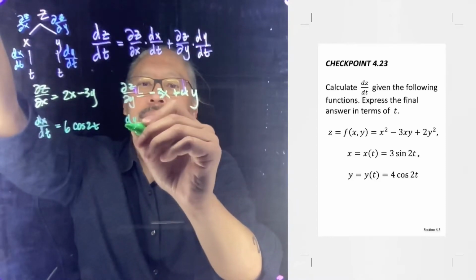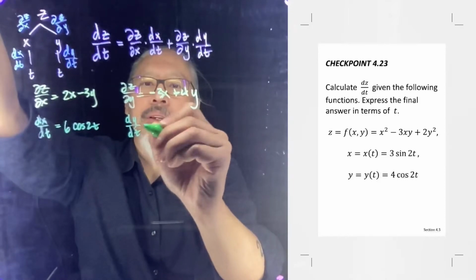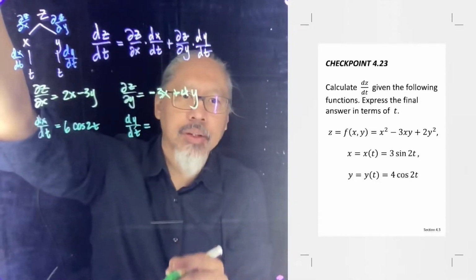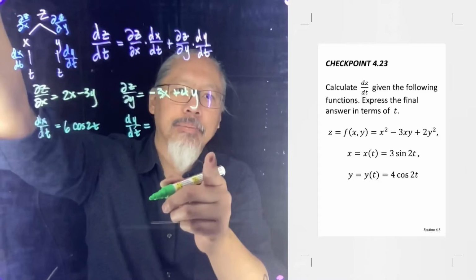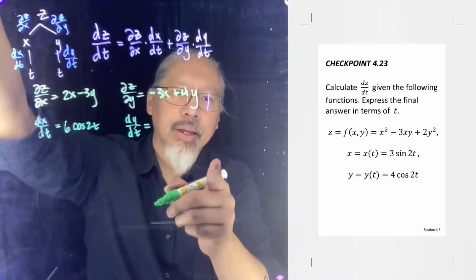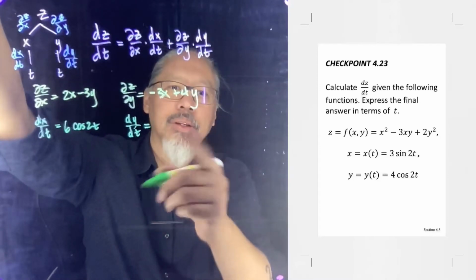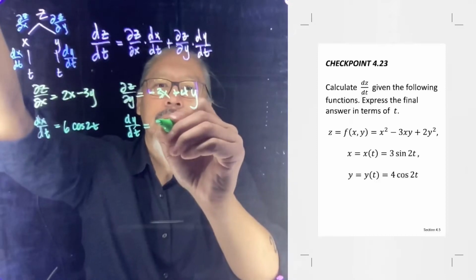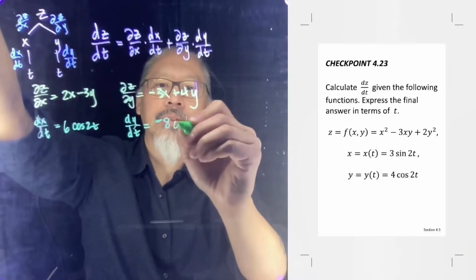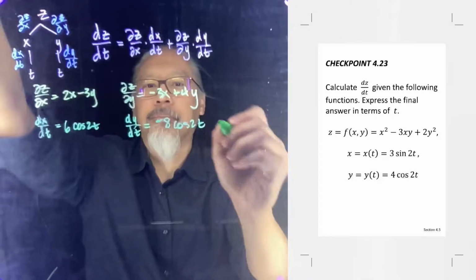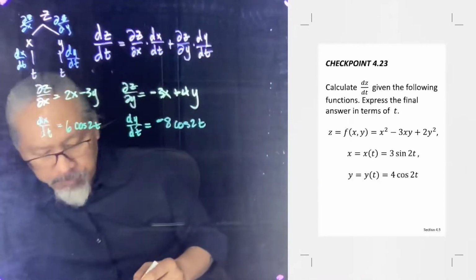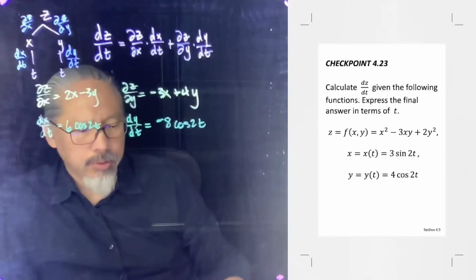And then the derivative of y with respect to t, again straight derivatives, the derivative of cosine is negative sine, and then there's a 2t, so an extra 2 comes out and we get 8 with a negative cosine... negative sine 2t. Now we'll just put it all together.